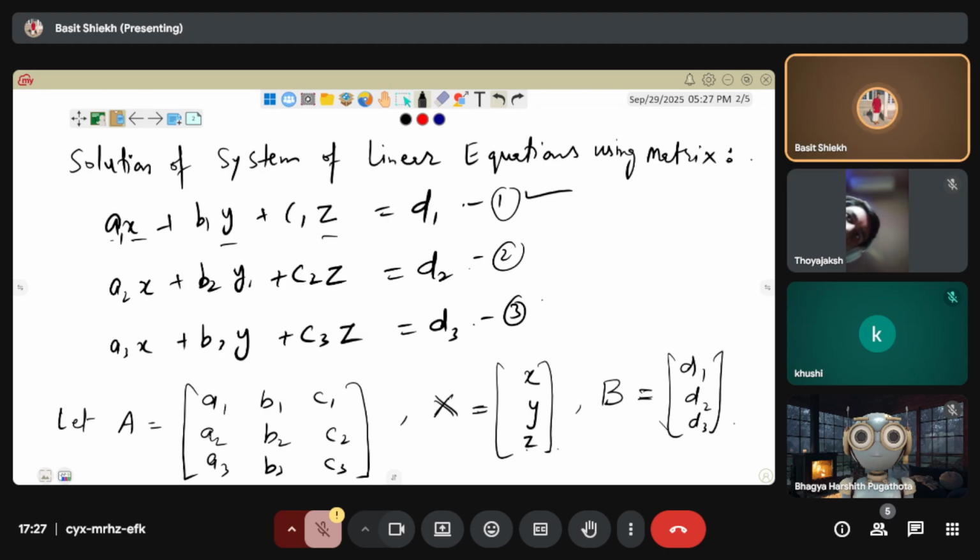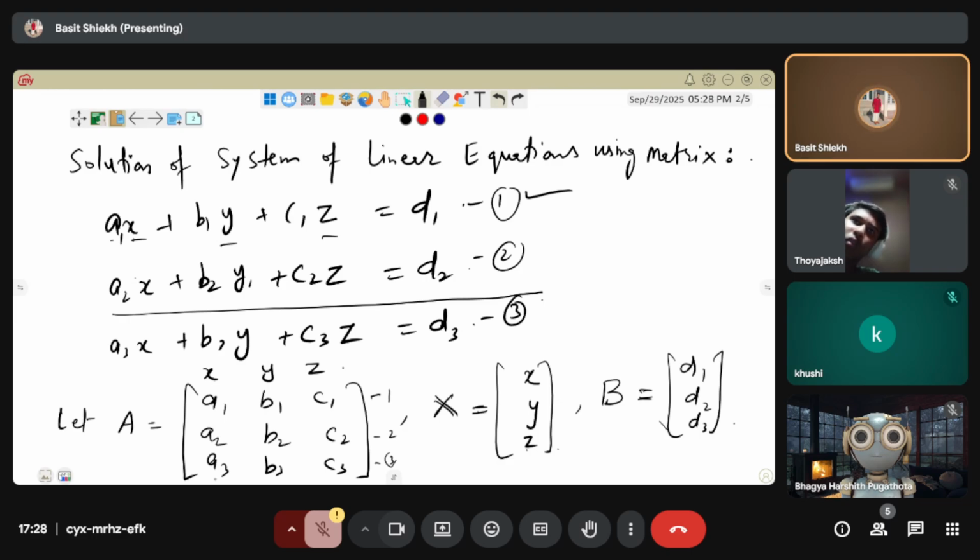The second row will be the coefficients of the second equation, and the third row the coefficients of the third equation.